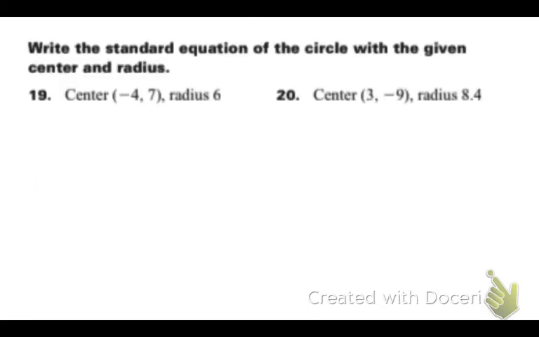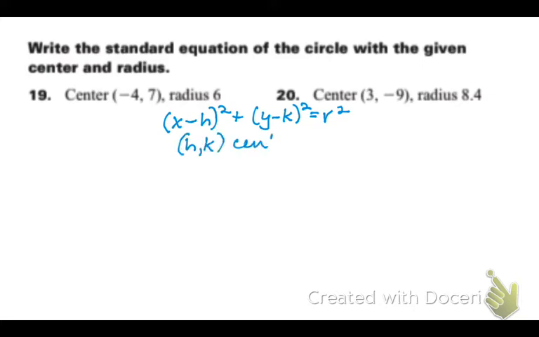Okay, so here you're going to write the standard equation of the circle with the given center and radius. So remember, our general equation is x minus h squared plus y minus k squared is equal to r squared. Okay. H, k is my center, and r is my radius.